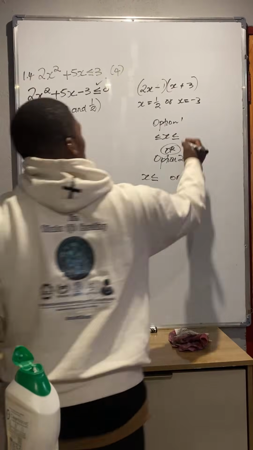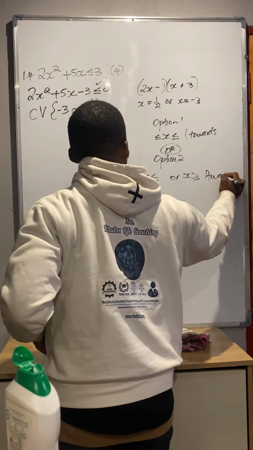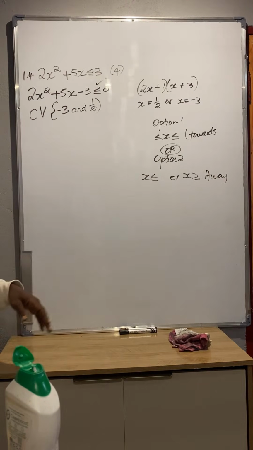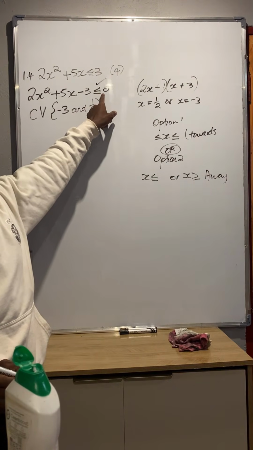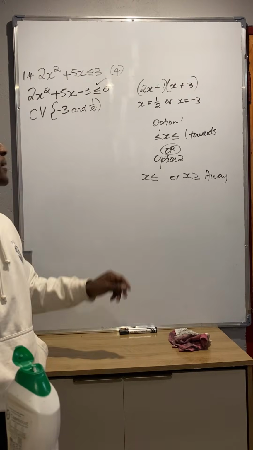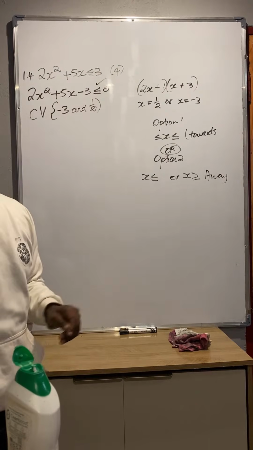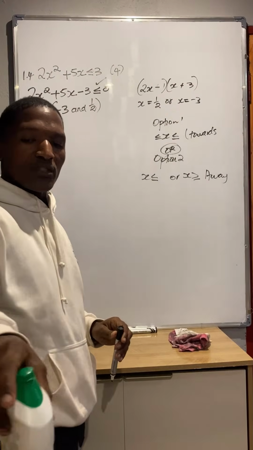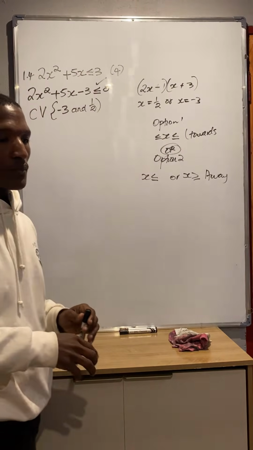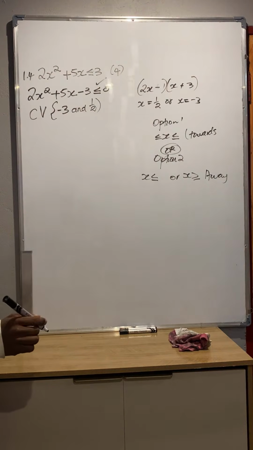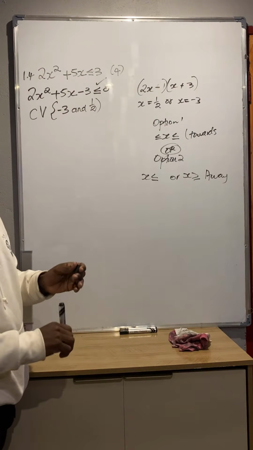This one is for towards, and this is for away. Can we look at this inequality and comment: is it pointing towards x squared or away from x squared? I repeat, guys, is it pointing towards x squared or away from x squared?